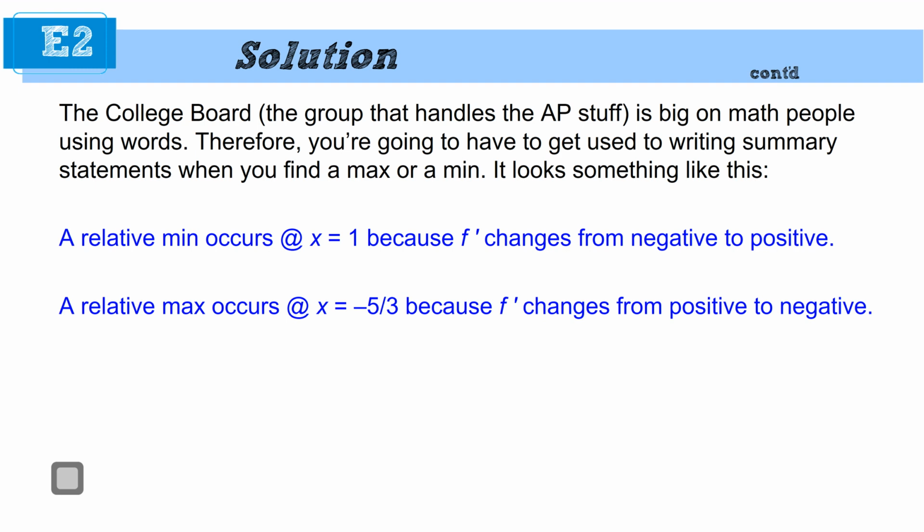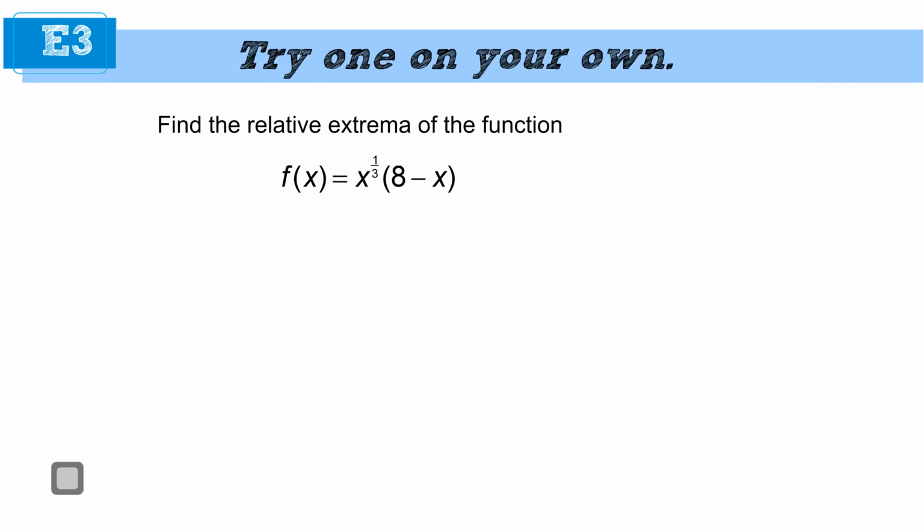A relative min occurs at that x value because f prime changes from negative to positive. A relative max occurs at x equals -5/3 because f prime changes from positive to negative. You will need to use those types of sentences to explain those maxes and mins. Right? Good? You have those? Yes or no? Okay, good.